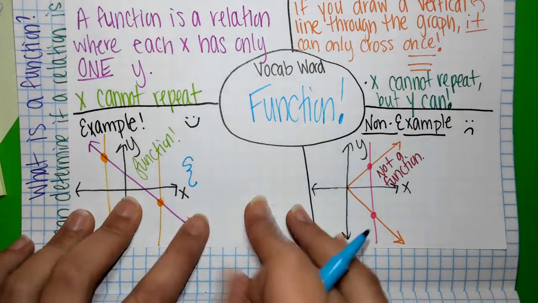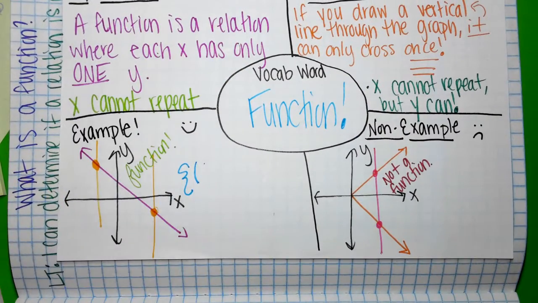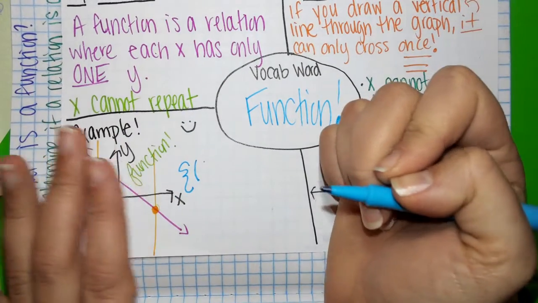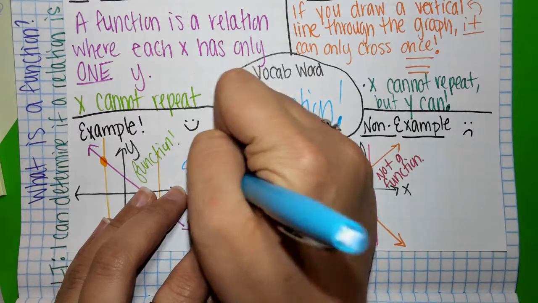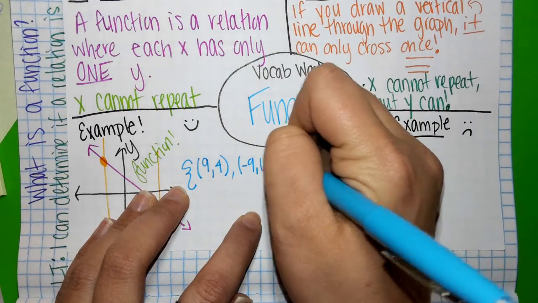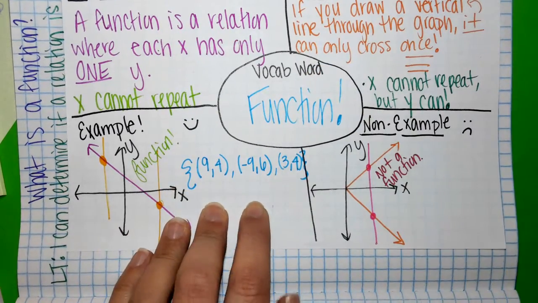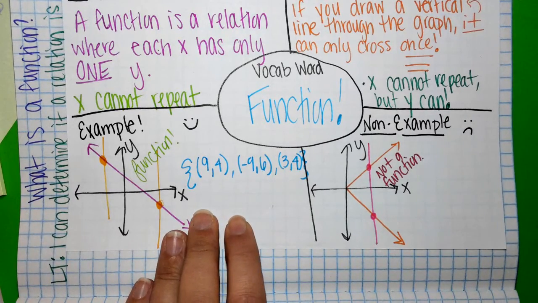Okay, so write your bracket. Here are my numbers. I want you to make sure that I'm right, so don't write until I finish. Did any of my x's repeat?